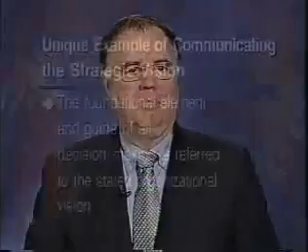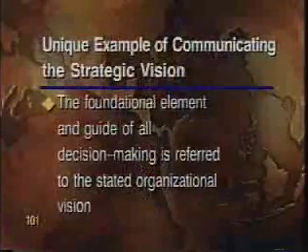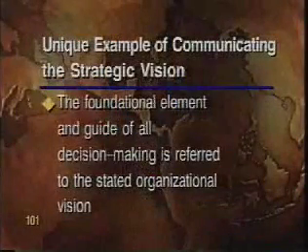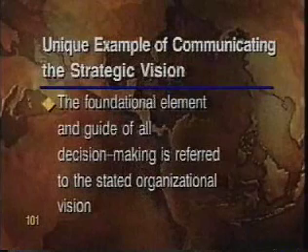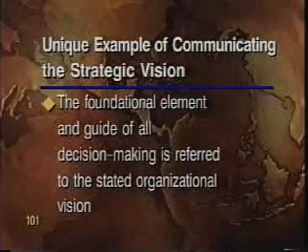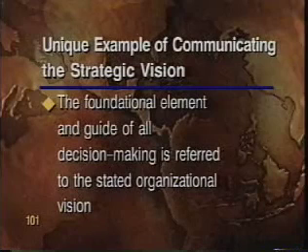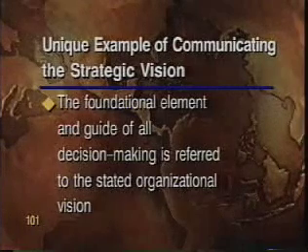About 6 months ago, working with the leadership of a company to help them more clearly understand the concept of strategic vision and to test their expression of it, we used their corporate decision-making process. As the CEO and board of directors reflected on how they made decisions, they expressed it this way: the foundational element and guide of all our decision-making is referring back to the stated vision.